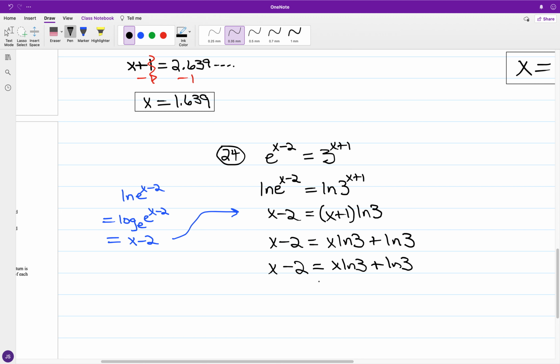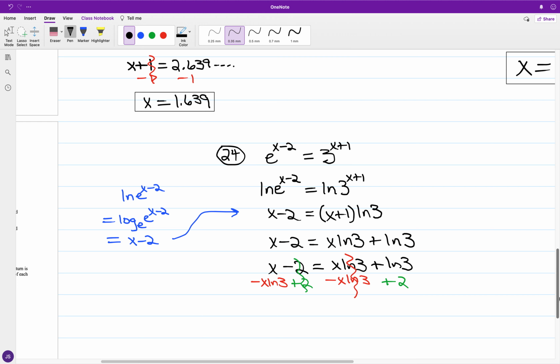so if I combine the x terms together, I'll keep the x terms on the right, so I'm just going to move x times the natural logarithm of 3 by subtracting, and as for 2, I will undo the subtraction by adding 2 to both sides.